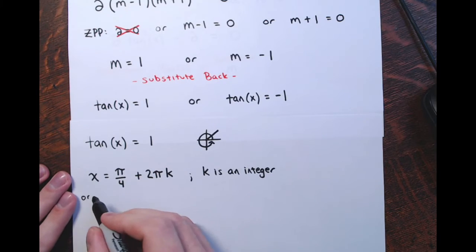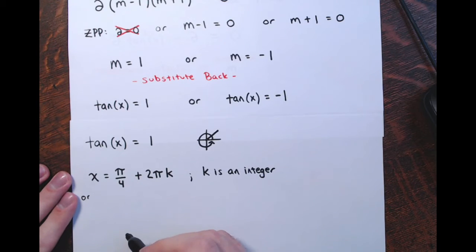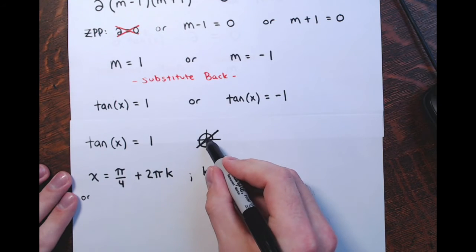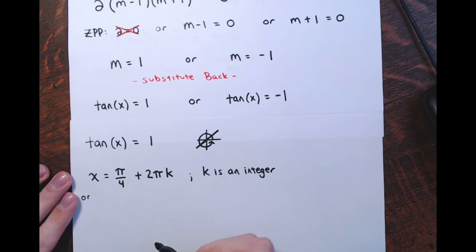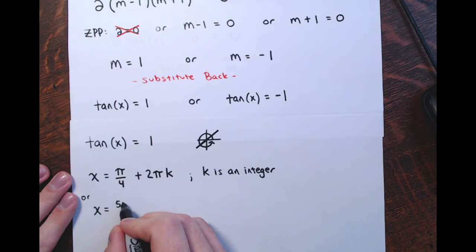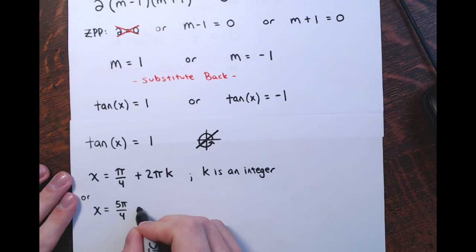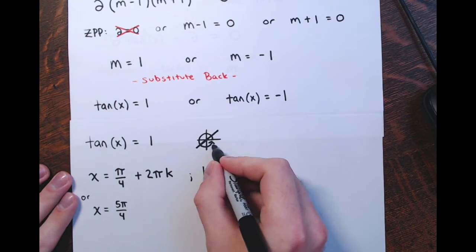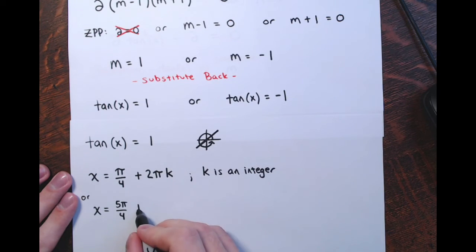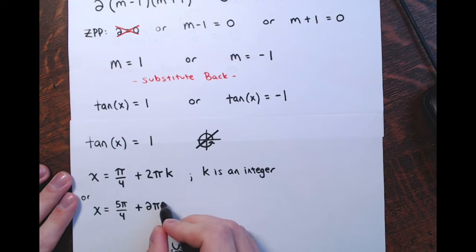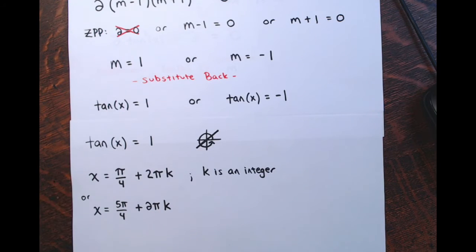But that's not the only angle that had a tangent of 1. So did 5 pi over 4 in quadrant 3. X could also be 5 pi over 4, and then I can add or subtract any multiple of 2 pi and get another solution.